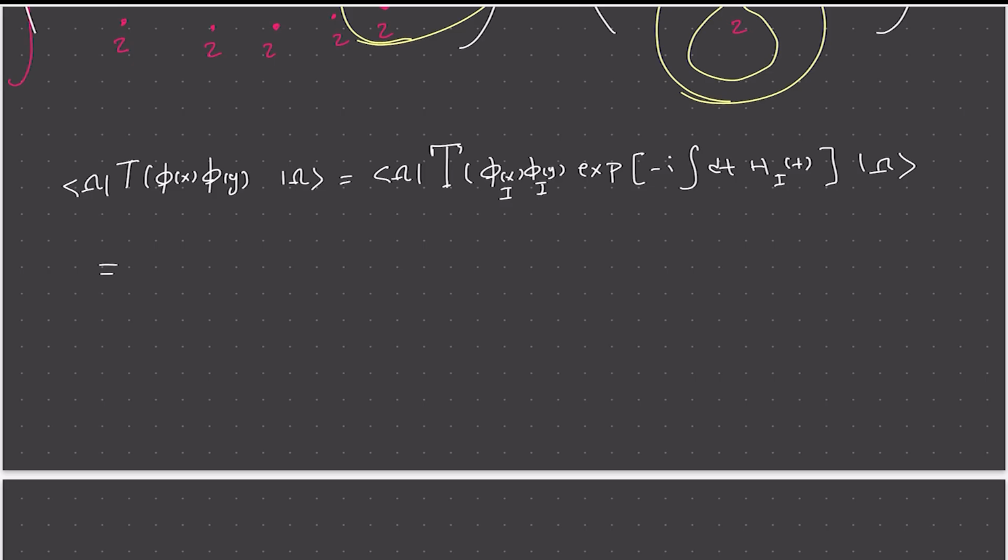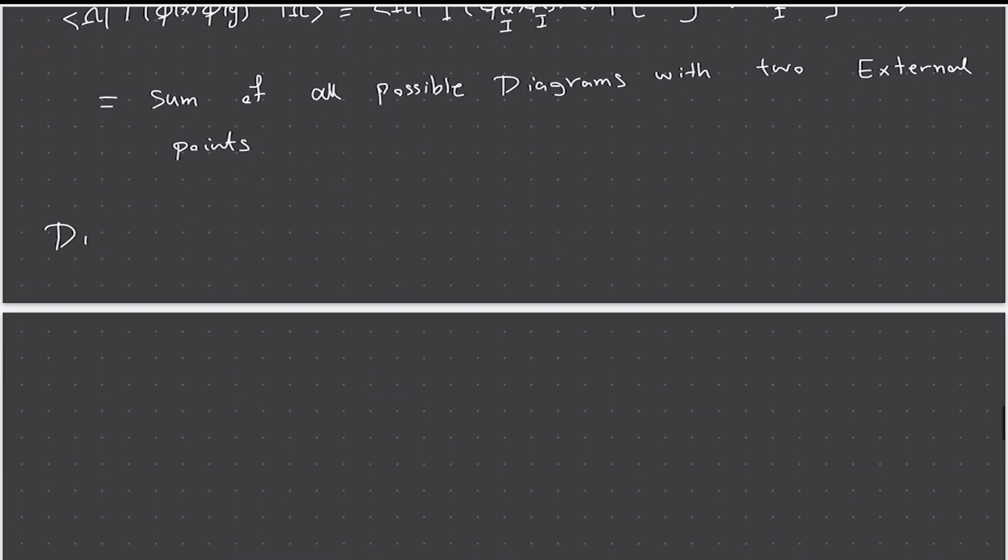This is equal to the sum of all possible diagrams with two external points.